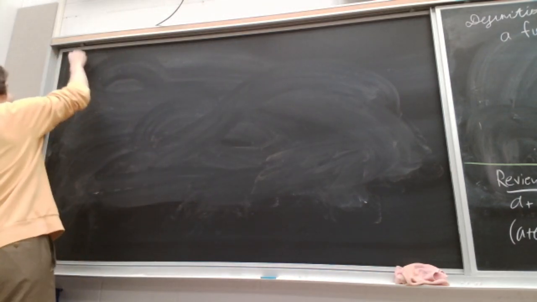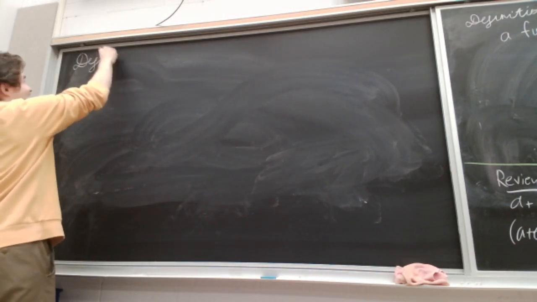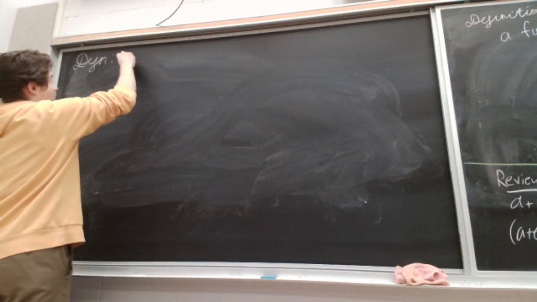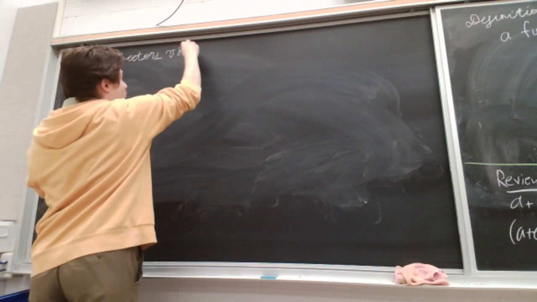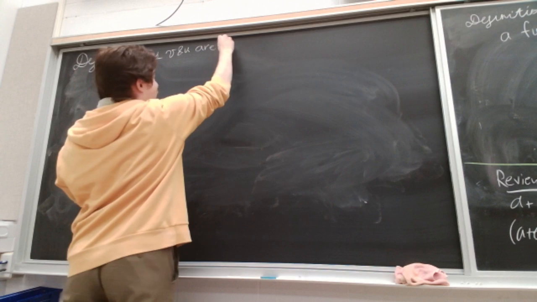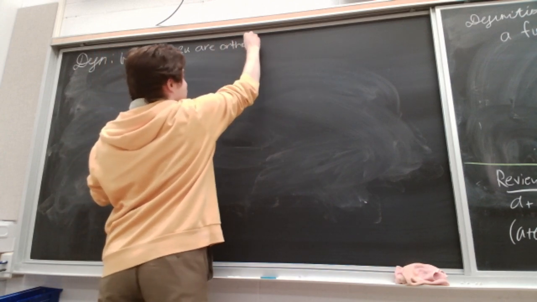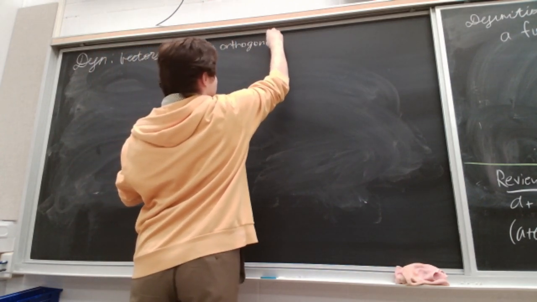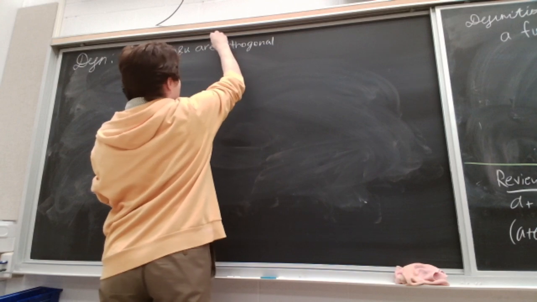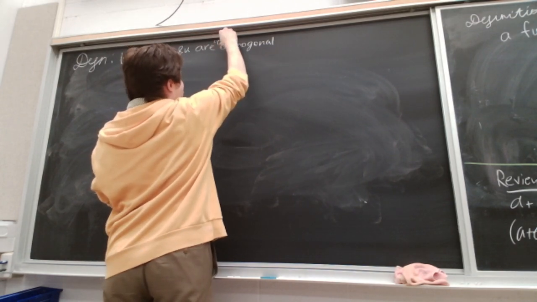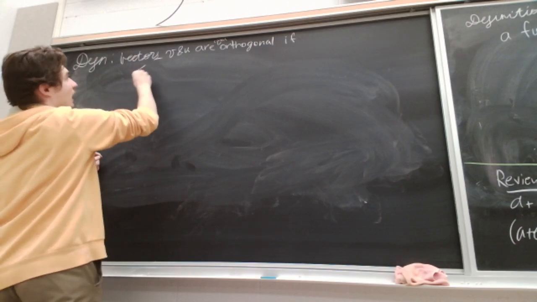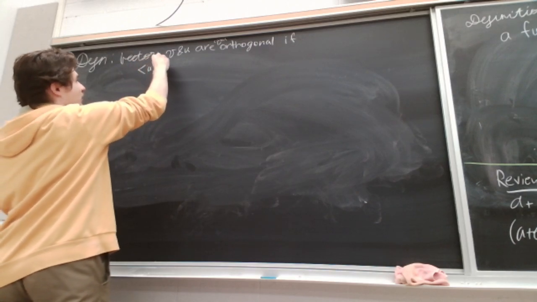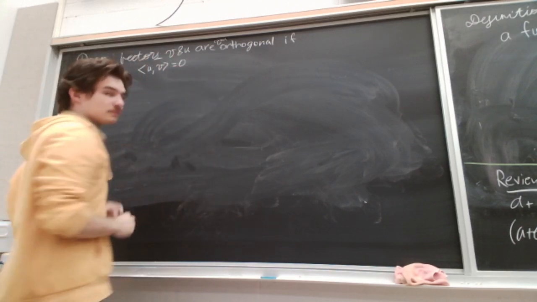Definition. Yet another definition, guys. Vectors v and u are called orthogonal if the inner product of u and v is equal to 0.